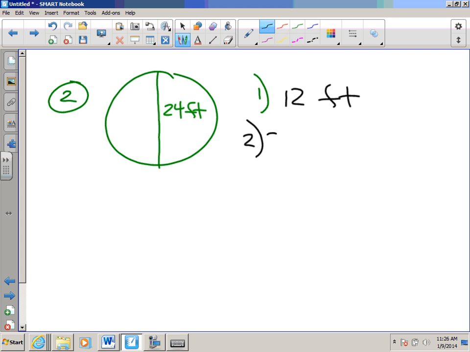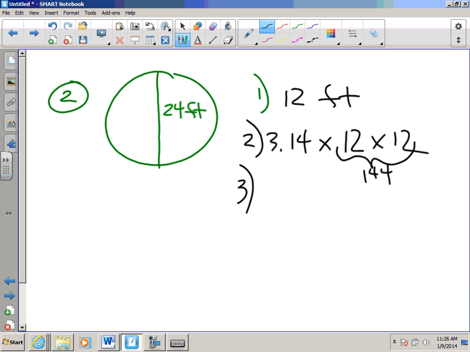So step 2, 3.14 times R times R. Okay, some of you may recognize right away 12 times 12 is 144. If you don't, fine. Your calculator will take care of that. Anyway, what do we get for an answer for step 3? And then we'll round it. Zay?